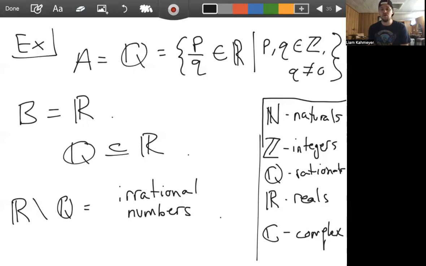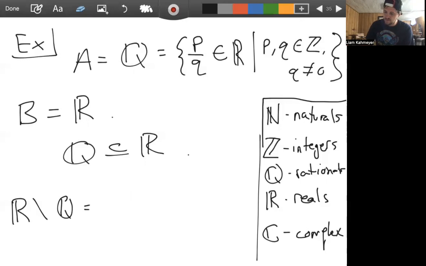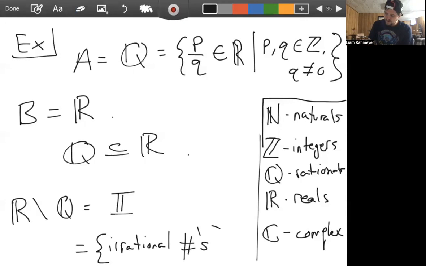This is all real numbers that cannot be written as a fraction because we're taking the complement of those, right? I don't think we really have a Blackboard font. Maybe some people would use I for the irrational numbers. I'm not sure. But this is irrational numbers. Right? So there's an example of a set complement.